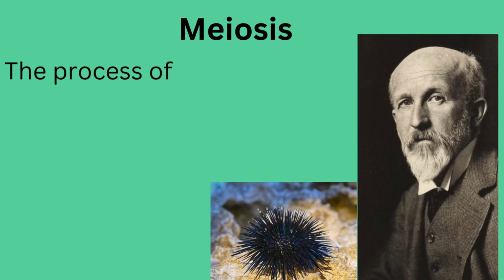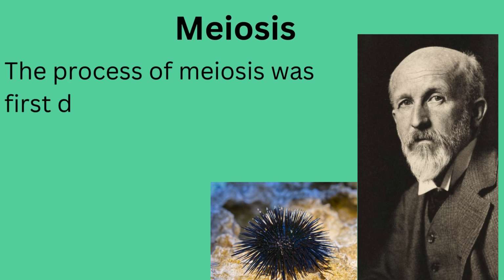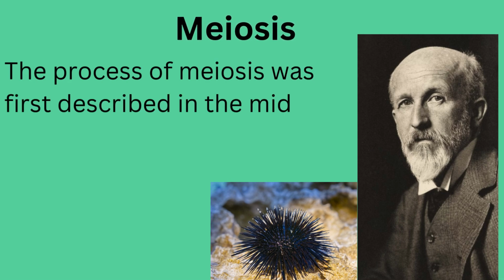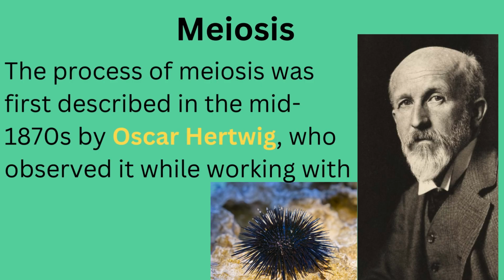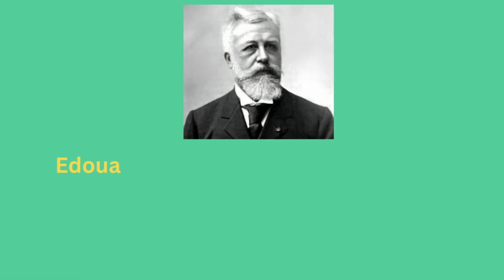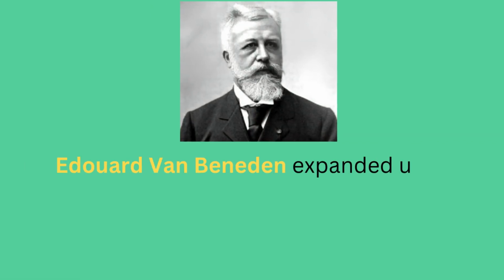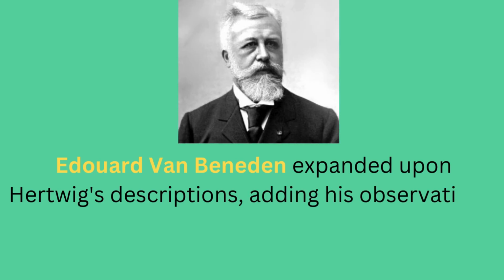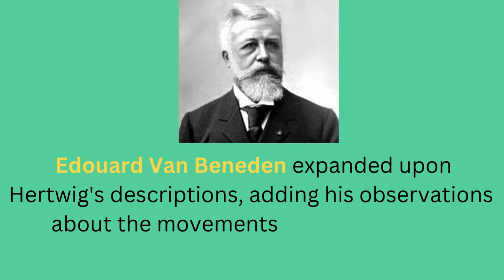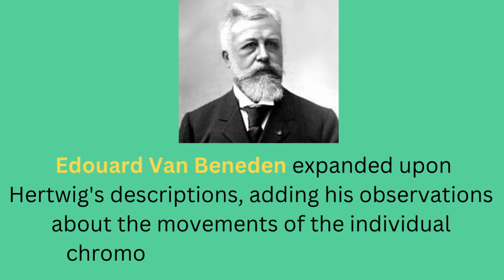The process of meiosis was first described in the mid-1870s by Oscar Hertwig, who observed it while working with sea urchin eggs. Later, Edouard van Beneden expanded upon Hertwig's descriptions, adding his observations about the movement of the individual chromosomes within the germ cells.